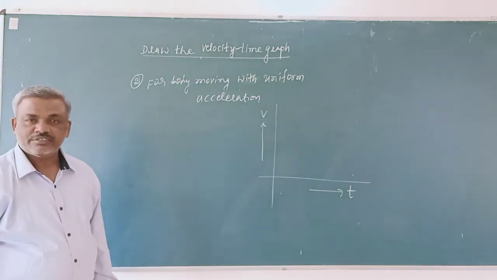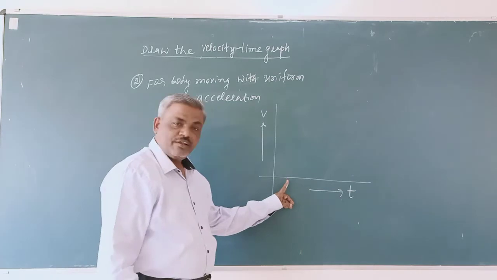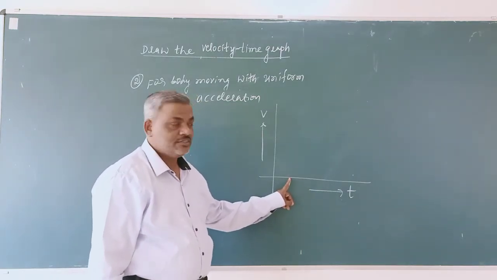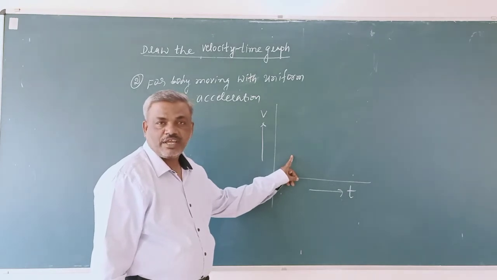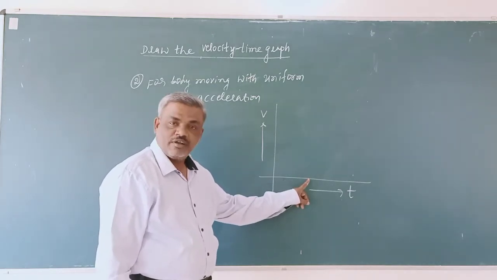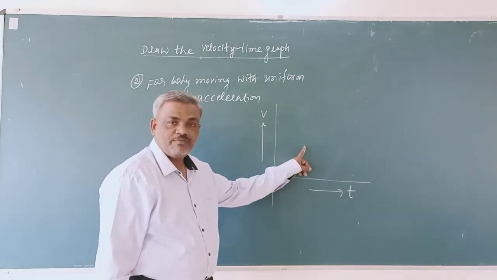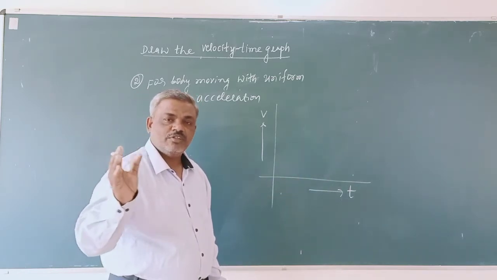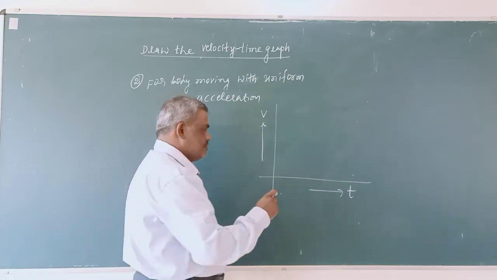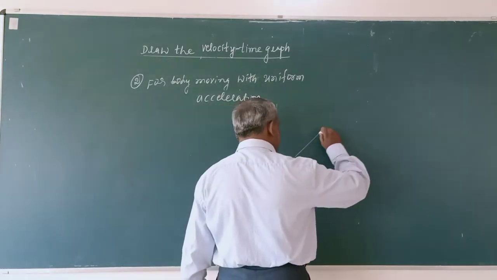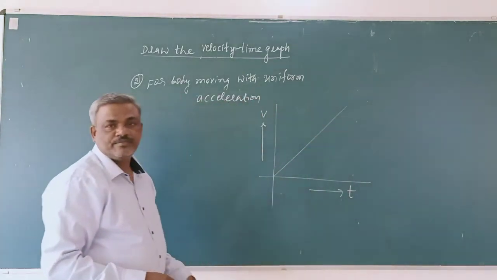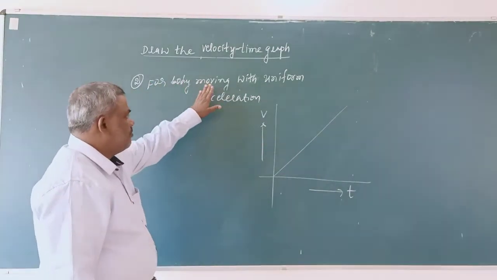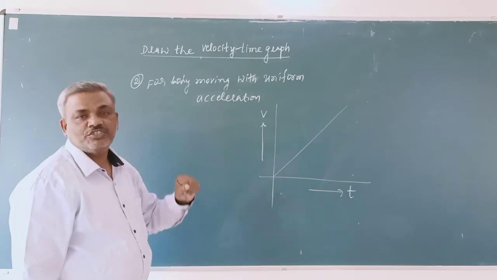So the vehicle moving on the road, after 5 minutes, maybe 10 meter per second. After 10 minutes, 20 meter per second. Each and every time, the velocity increases. So now you get a straight line. This graph shows that for a body moving with uniform acceleration.